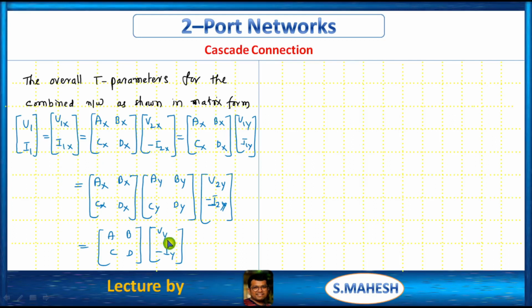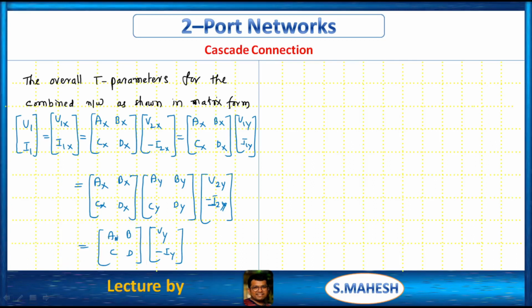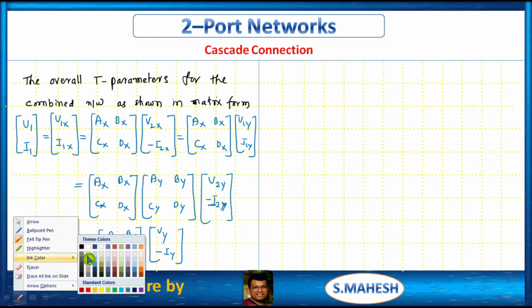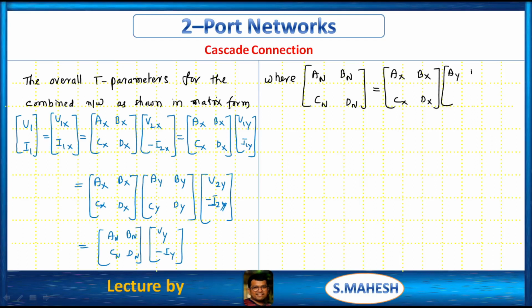Therefore you can write this as the net matrix AN, BN, CN, DN, where the net value is equal to the product of AX, BX, CX, DX and AY, BY, CY, DY.